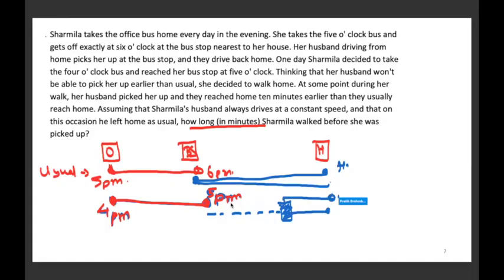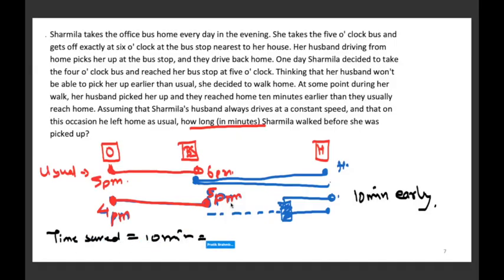When he comes back, they are actually 10 minutes early. In this case, how long did Sharmila walk is what we have to find. So the time saved here, which is 10 minutes, is equal to the husband going and then coming back.